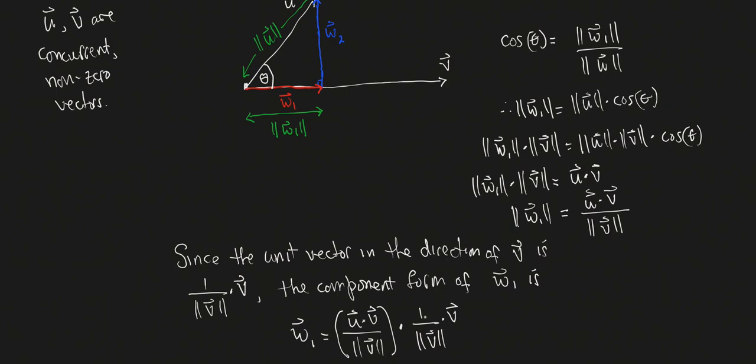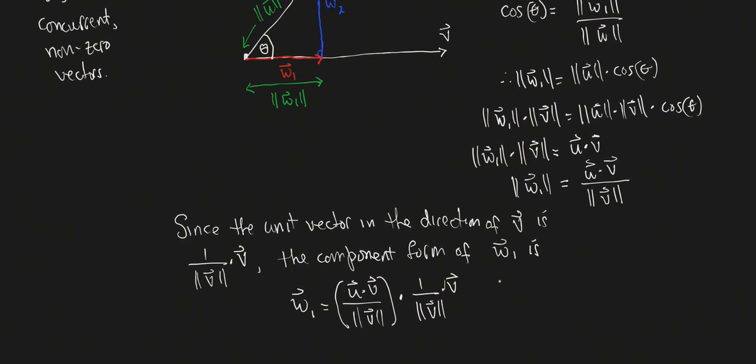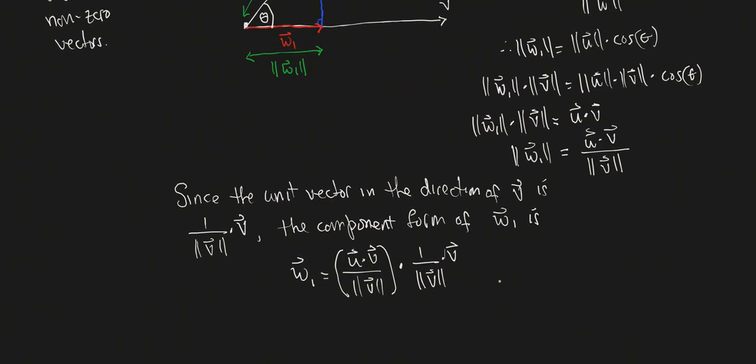Now, the 1 over the magnitude is also a constant. And as I said, the u dot v over the magnitude of v is also a constant. So what I can do is use the associative property and group the constants together and multiply them. Actually, let me go ahead and do that, and then I can give you some new notation and some new terminology for what we're finding here.